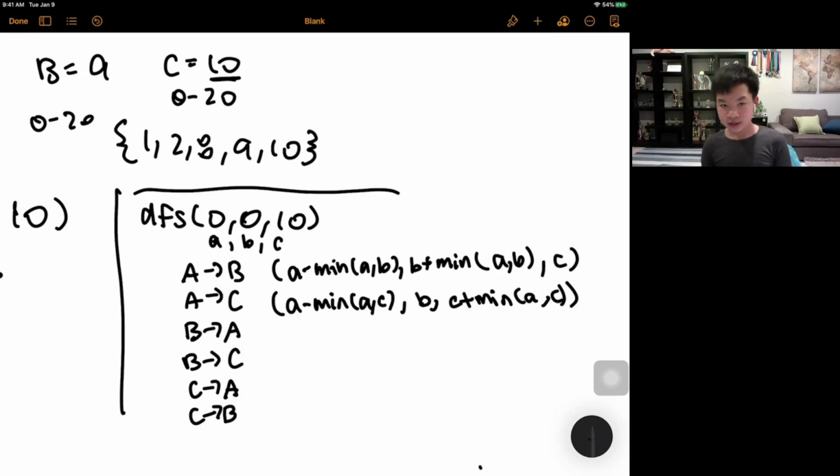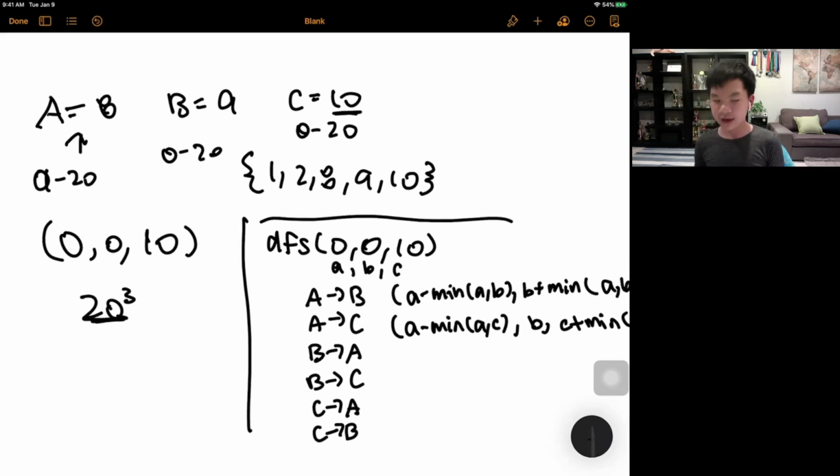You don't want to recalculate the same thing you did before. So after calculating for a state, we can mark this state as true, as visited. The next time we reach this state, we don't have to calculate it again since we know that we already calculated all the possible values from it.